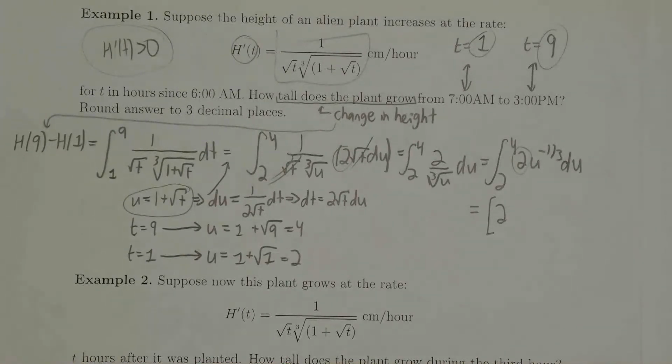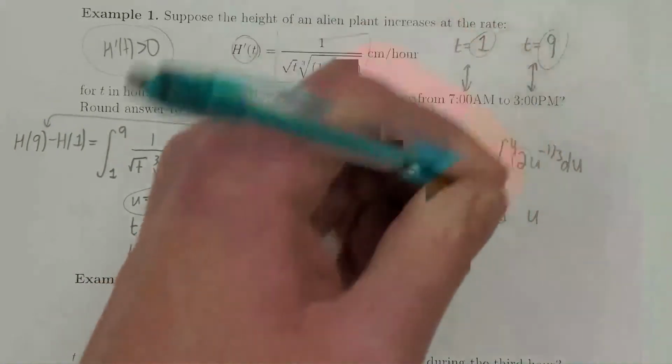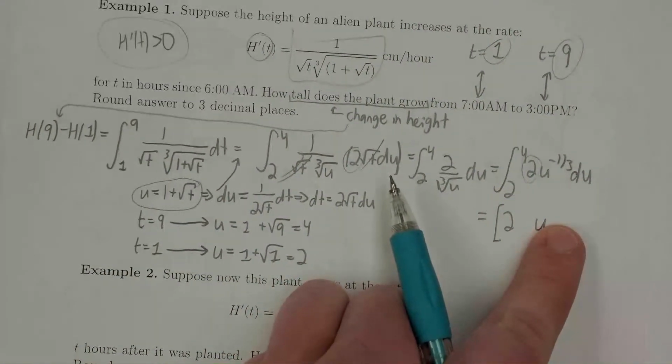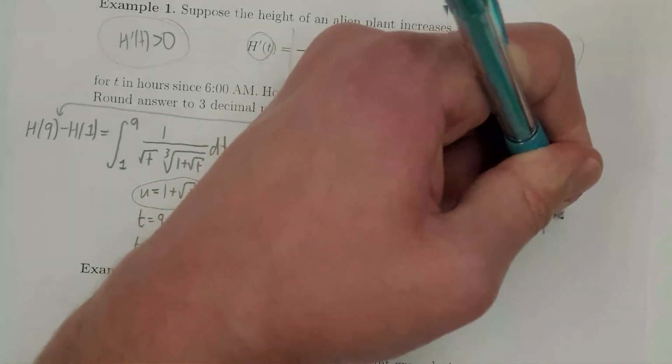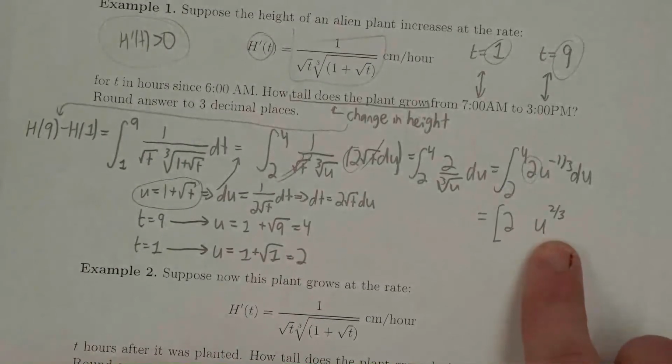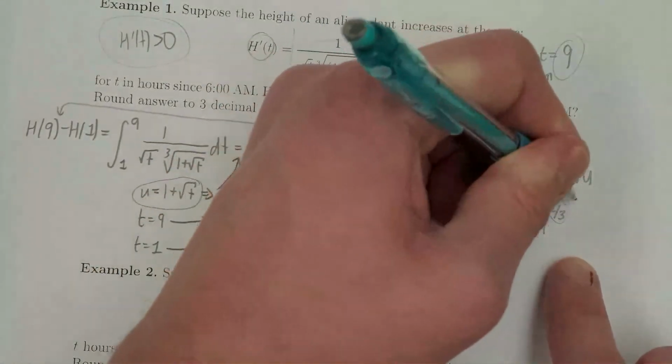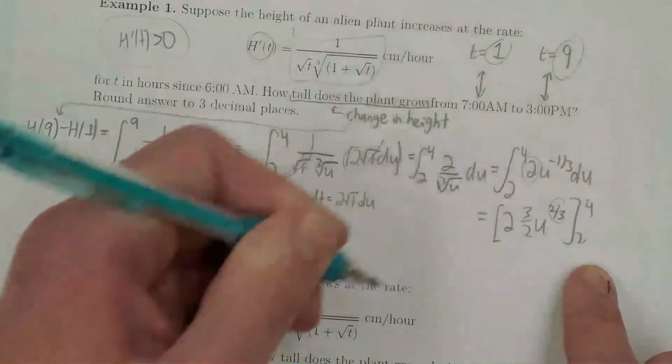So first off, we would have, by the antiderivative power rule, u to the what power? 2/3, right? Okay. And then we then have to multiply essentially by its reciprocal, which ends up becoming 3/2, right? Going from 2 to 4.